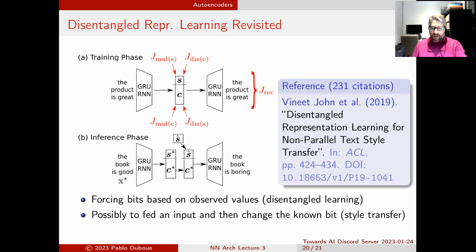But then we force S star to be 0. And we keep the rest of the representation stable, and we run the decoder, and we get the book is boring. And this is how you achieve style transfer. It's one of the techniques I know to achieve style transfer in natural language processing.